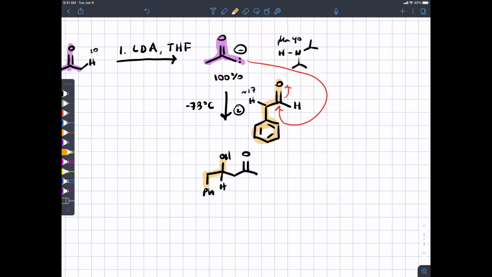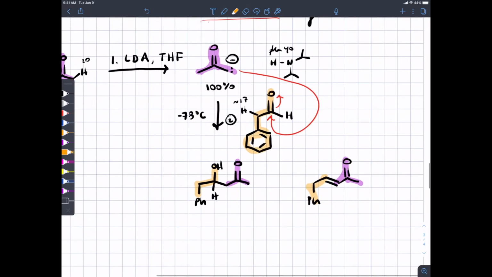And of course, it would be fine to show the corresponding alpha beta unsaturated carbonyl compound as the aldol product too. Either of those would be fine.